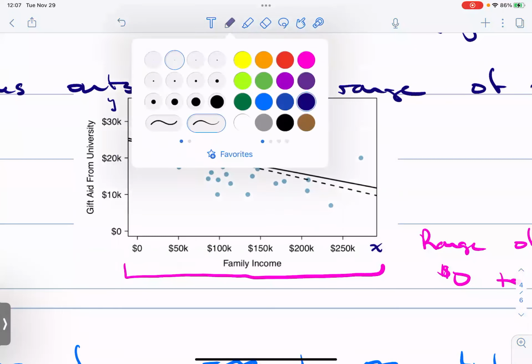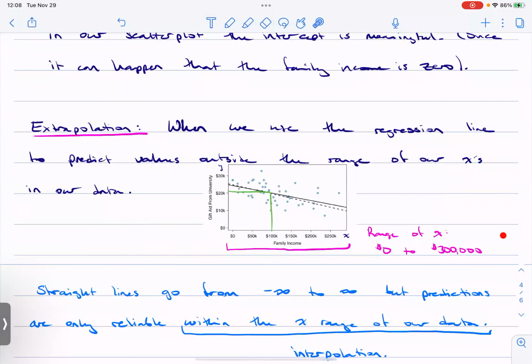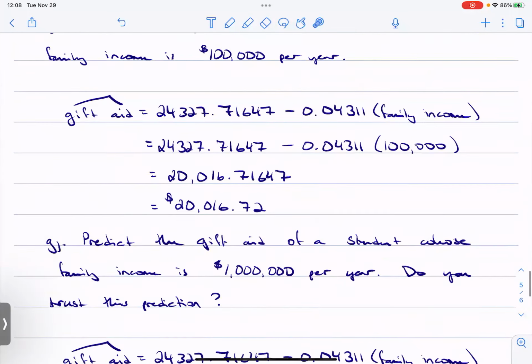So before we used 100,000 and predicted 20 something, it all checks out. Now, if I use 1 million, it's going to be way out here. So no, I do not trust this prediction because I'm extrapolating beyond the range of the data, would be my generic answer.